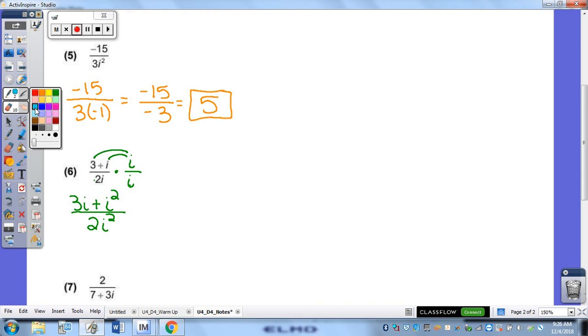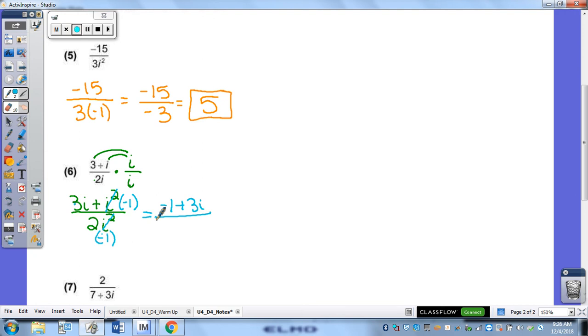So now we need to simplify our i squareds. This one becomes -1. That one becomes -1. So in our numerator, there's nothing we can combine. We got 3i and we got a -1. So all we have to do is rearrange it so it's in the correct complex number form of a plus bi.